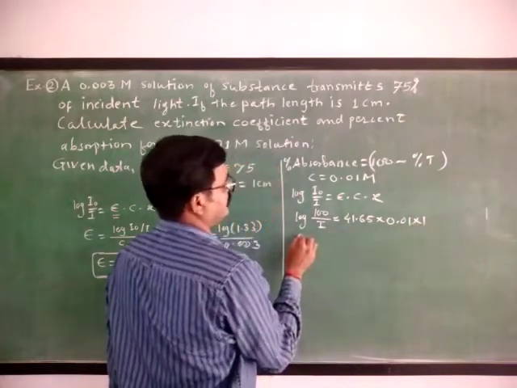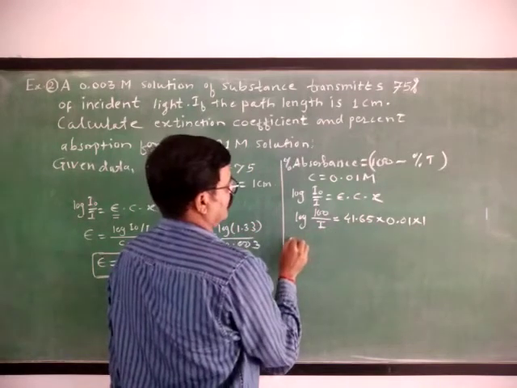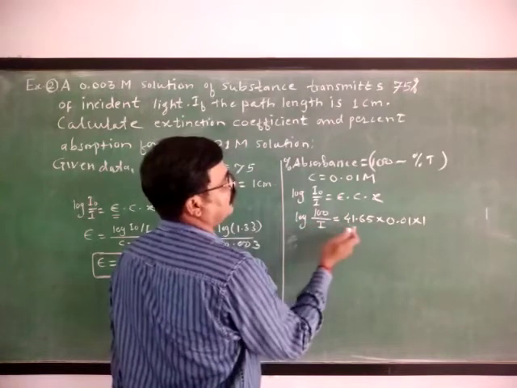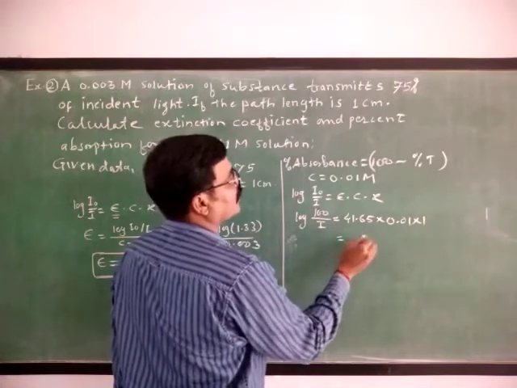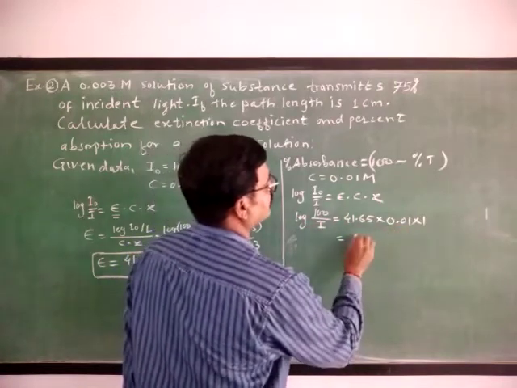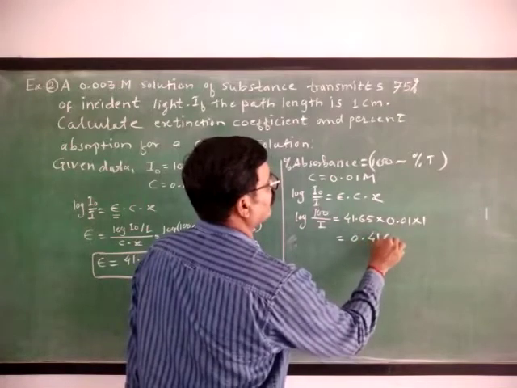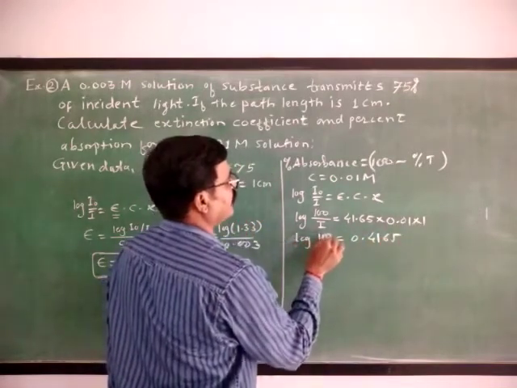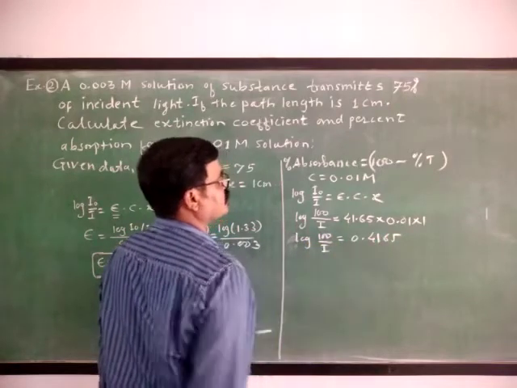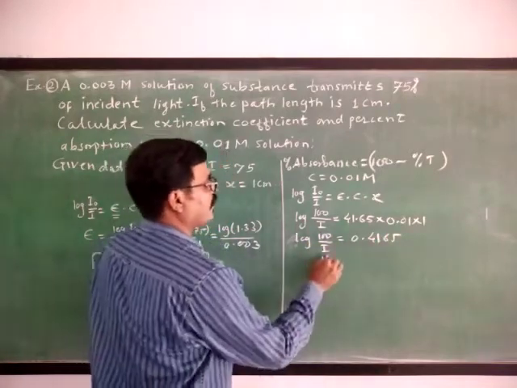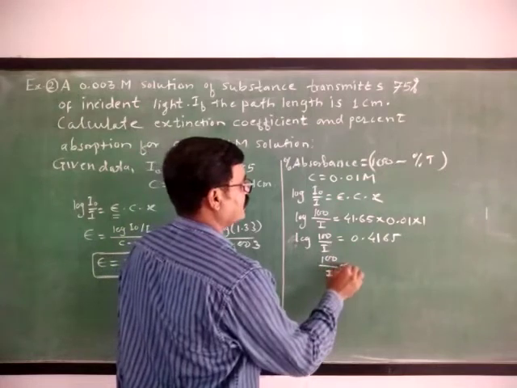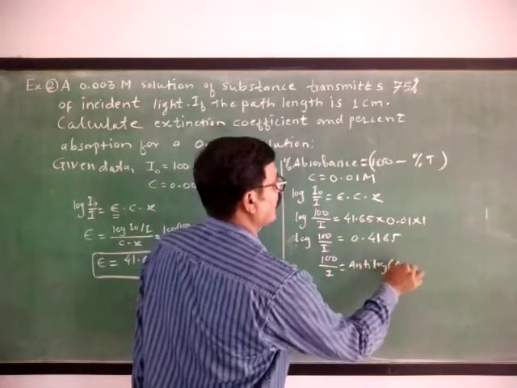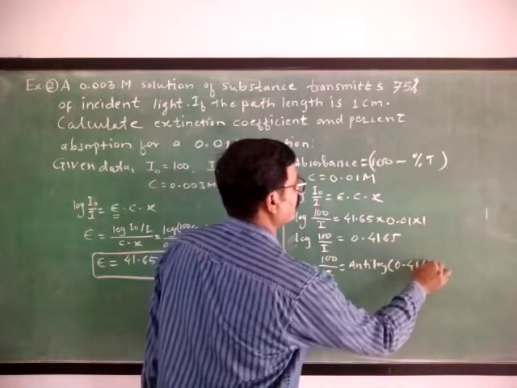Now multiplication of all these things will be 0.4165. That's why log of 100 upon I is equal to 0.4165. Now 100 upon I is equal to anti-log of 0.4165.